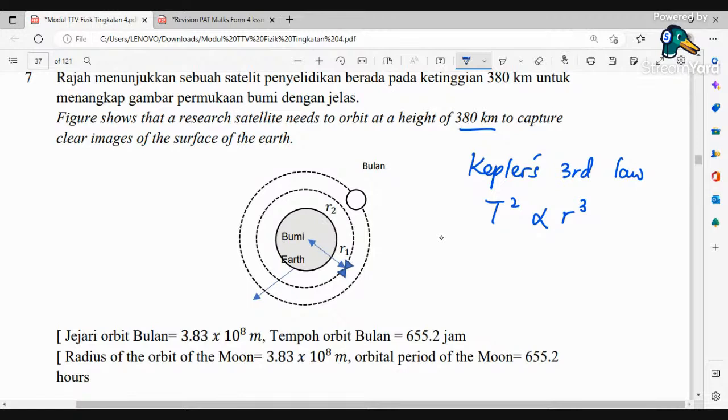So if you have two situations like this, a satellite orbiting the Earth, and at the same time another one, the Moon orbiting the Earth, we can have T1 squared over T2 squared equals R1 cubed divided by R2 cubed.